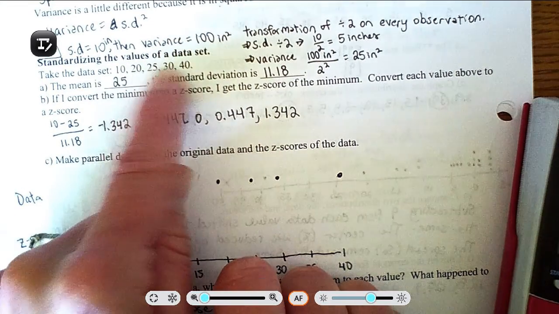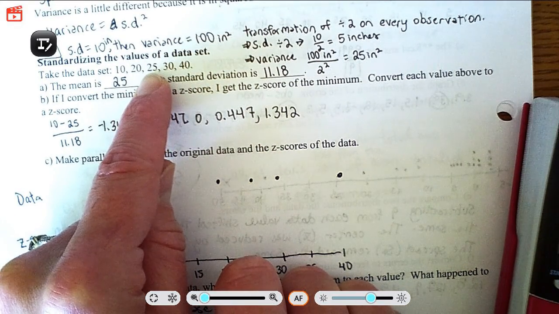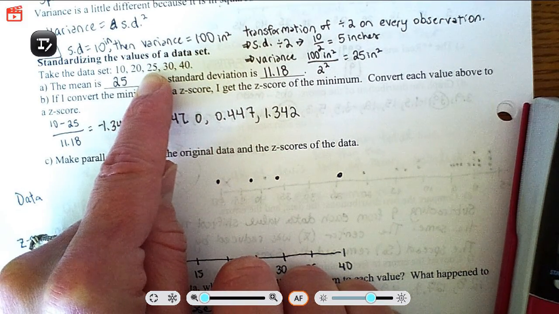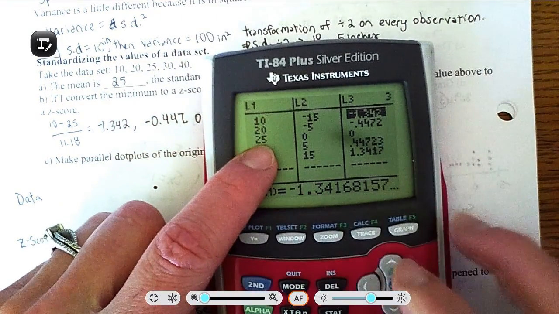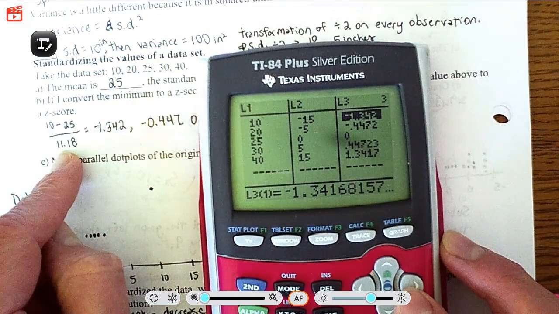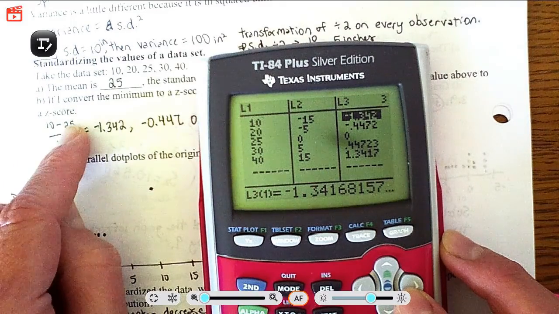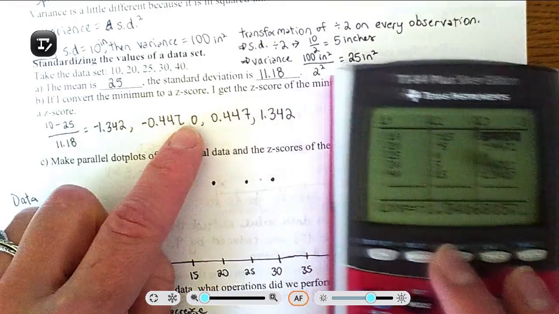So when I have a mean and I move it to a z-score, my mean gets subtracted by the mean and divided by the standard deviation. 25 gets subtracted by 25 and divided by 11.18. 25 minus 25 is 0, divided by anything is 0.